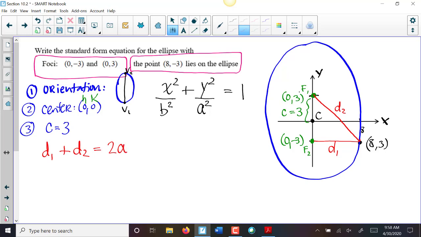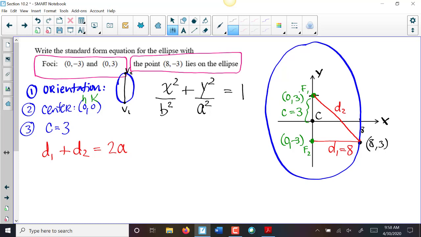So if we can come up with those distances, then we have a, and then we can find b using the value of c. From my picture, just by looking at it, the distance from 0 over to 8 tells me that D1 is 8.